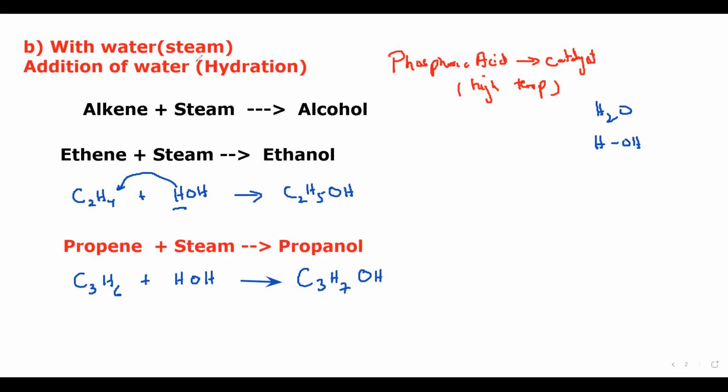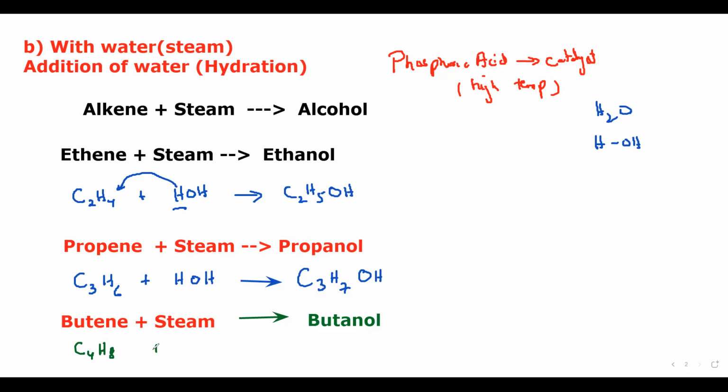Another example, if you have butene plus steam, so if steam is added to butene, what will be the product? The product will be butanol. Butene means C4H8.